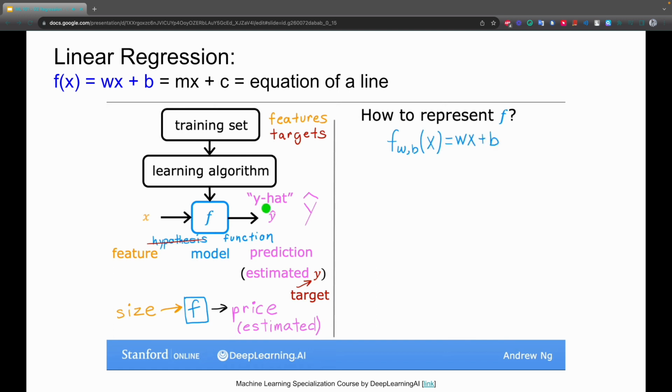I'll define w and b soon, but for now, just know that w and b are numbers, and the values chosen for w and b will determine the prediction y hat based on the input feature x. So this f w,b of x means f is a function that takes x as input, and depending on the values of w and b, f will output some value of a prediction y hat.